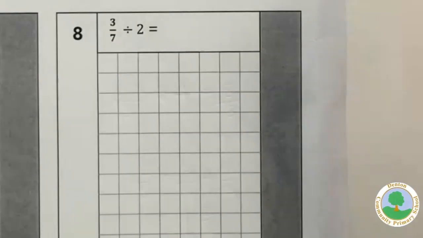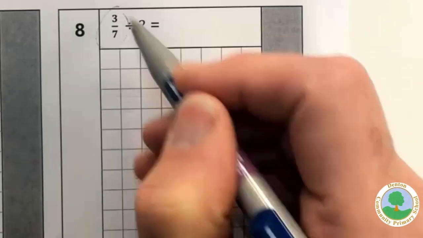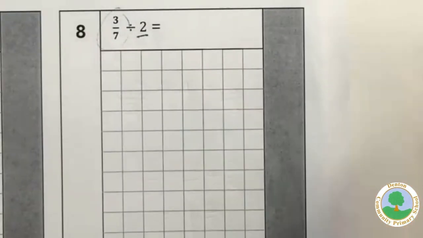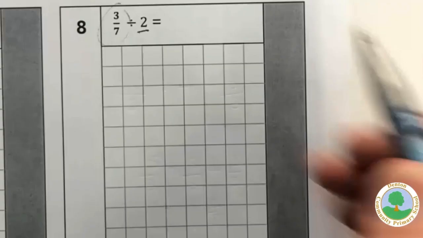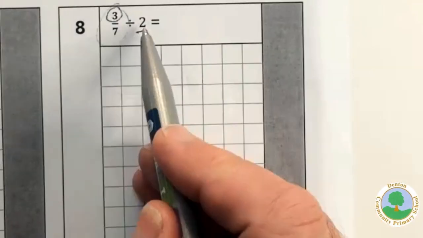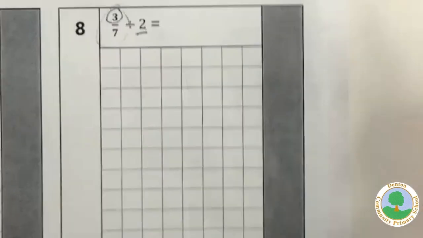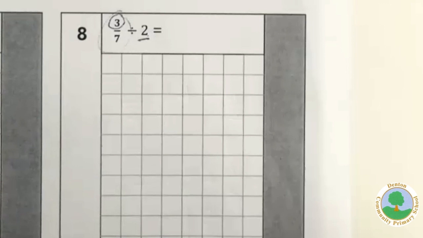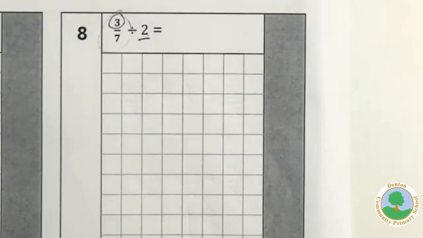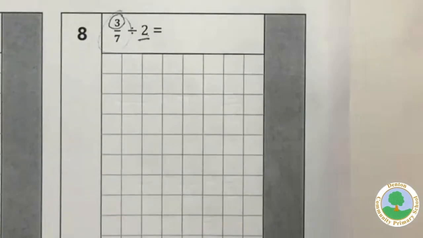Now, in the first page, we saw a fraction divided by a whole number, and I think it was 20 divided by 4. Now, in this case, we can't do 3 divided by 2. We could, but 1.5/7 wouldn't be accepted as an answer because you've got a fraction as your numerator. So what are our other options?